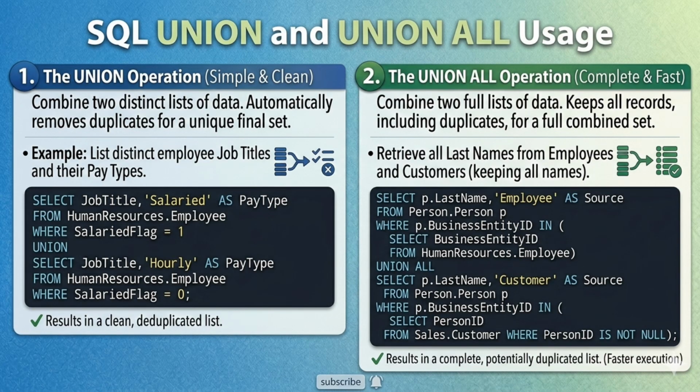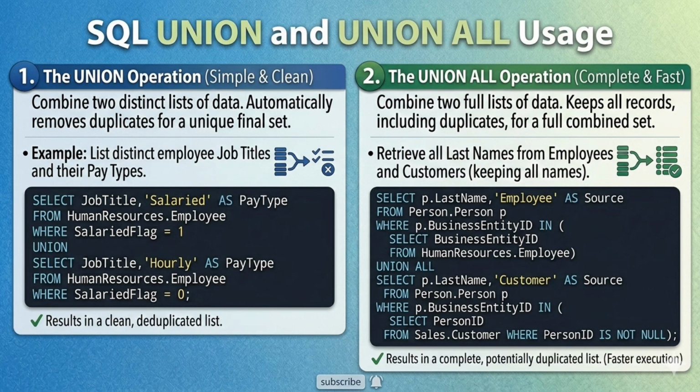For example, in this query, we select employee job titles and assign a pay type. One query retrieves salaried employees, while the other retrieves hourly employees. When we use union, SQL merges both lists and eliminates duplicates, giving us a clean and distinct result set.